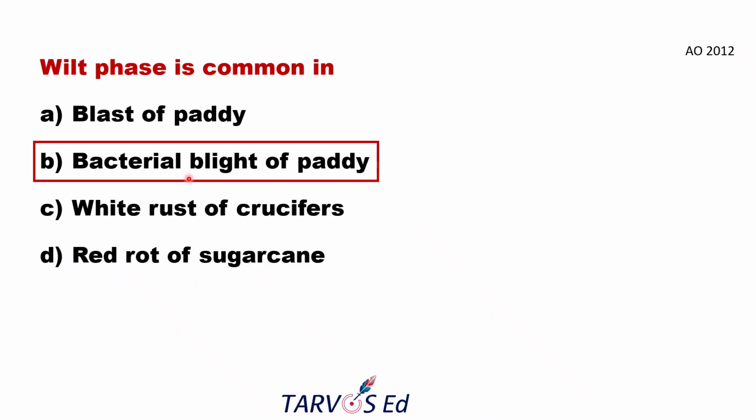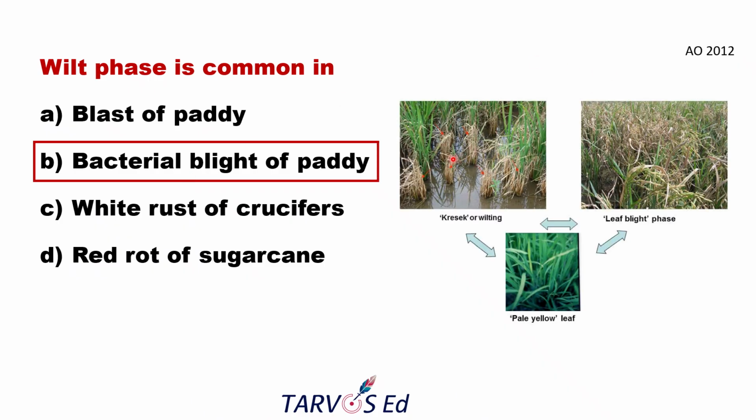How can I say? In bacterial blight of paddy, there are two phases. In the nursery or early stage, it shows a wilting phase, which is otherwise called the kresek phase symptom. And at the old age phase, after transplanting, it will show the blighting phase, the leaf blight phase.